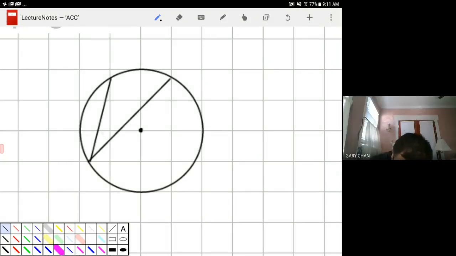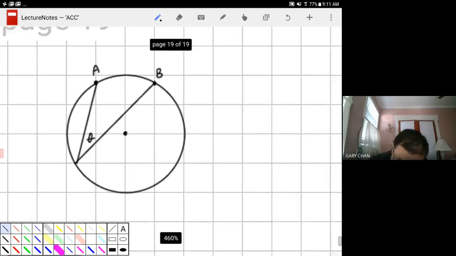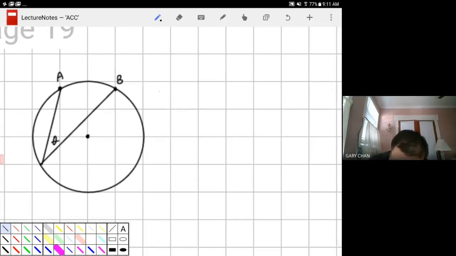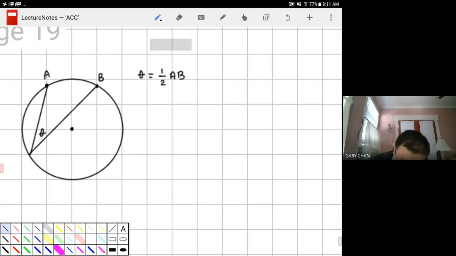So the inscribed angle, which I'm going to call here theta, and this arc right here, I want to call that AB. So as it turns out, theta will equal half of arc AB. So that's the relationship there.